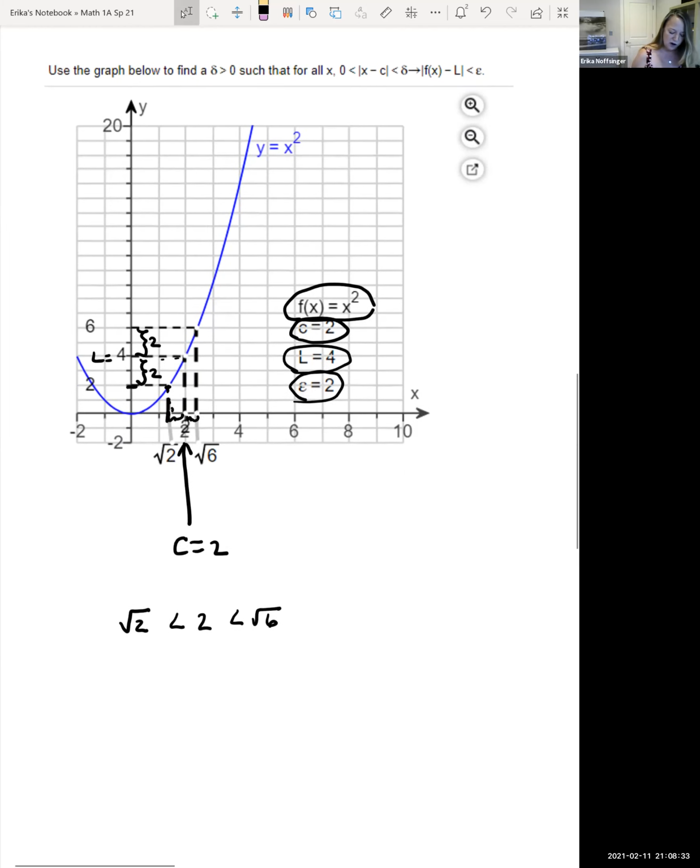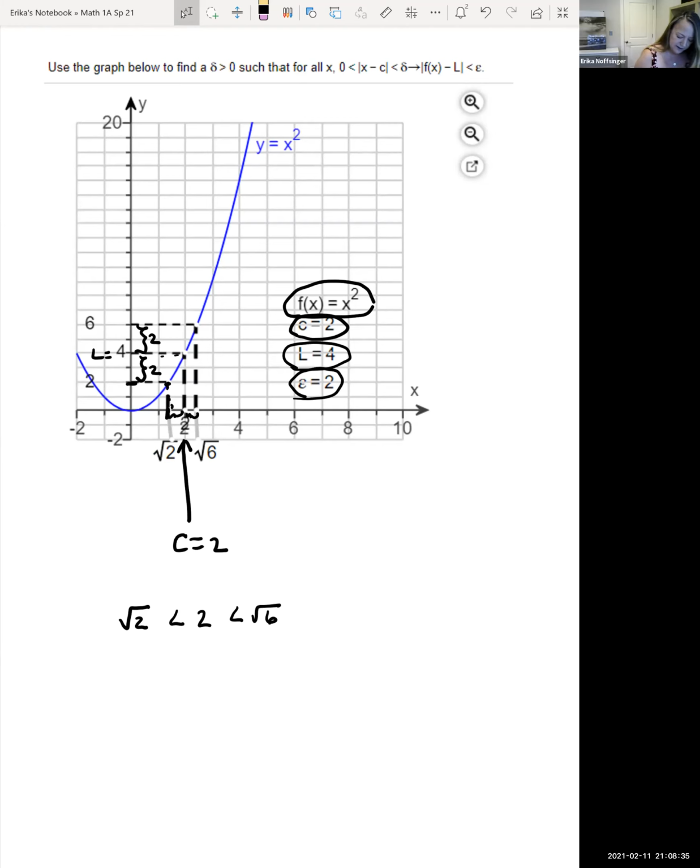Recall, to find distance, we want to find the distance of c minus delta on the left. If we do that, we would have 2 minus root 2.